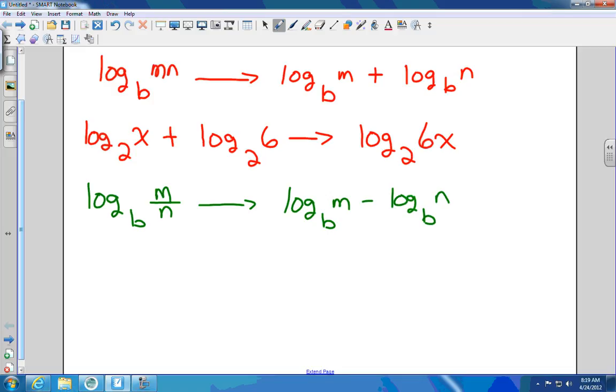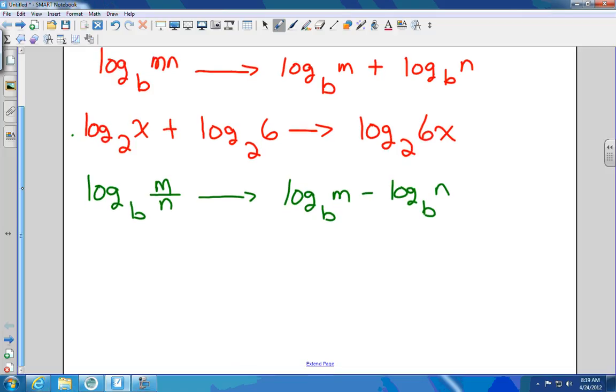And you can put numbers in, the same numbers we had on this example here, and it will work the same way. Most of the time you're going to be given the addition or subtraction part, and you're going to put that together as one logarithm. Questions on those?